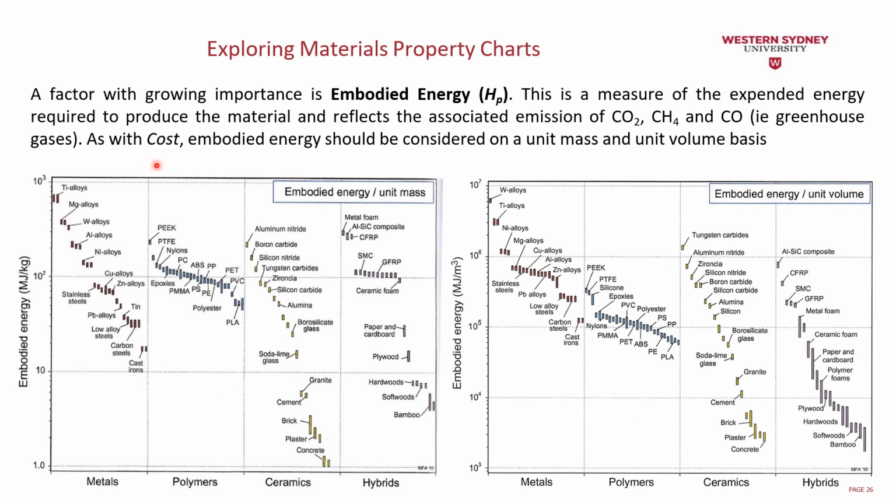So, as with the cost, the embodied energy should be considered on a unit mass and a unit volume basis as well. So, this is the value for the energy, and these are different parameters. That will be the cost per unit mass, how much per kilogram, and this will be the cost per unit volume.